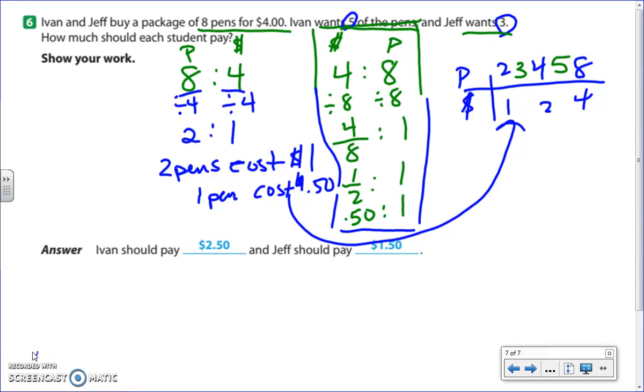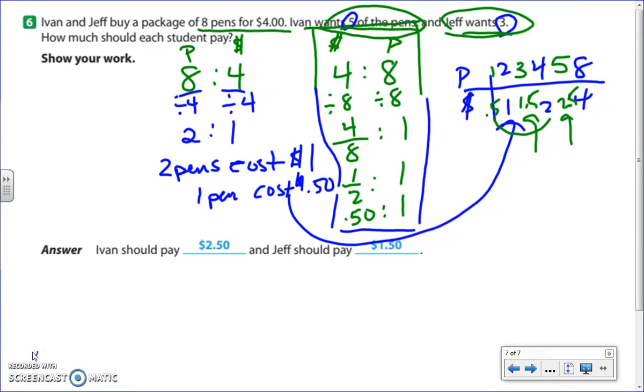So either way we would have to figure out, okay, 1 and 0.5. So 0.5 plus 1 would be 1.5, or 2 plus 1 would be 2.5. So it looks to me like if Jeff wants 3 pens, he's going to pay $1.50, and if Ivan wants 5 pens, he's going to pay $2.50.